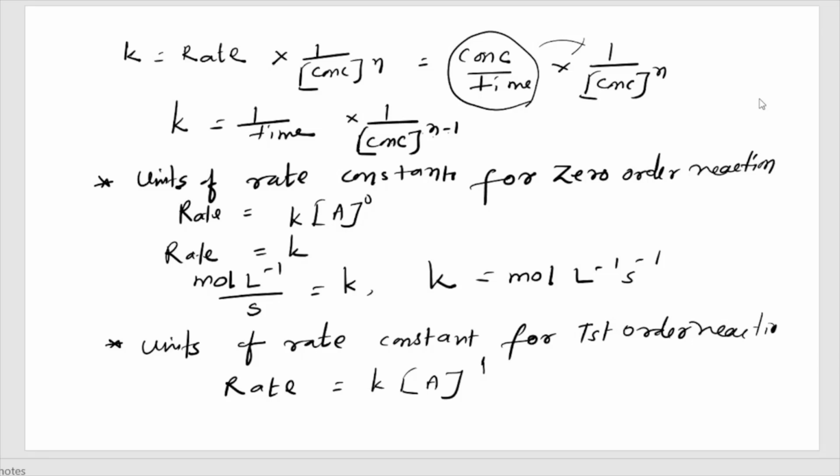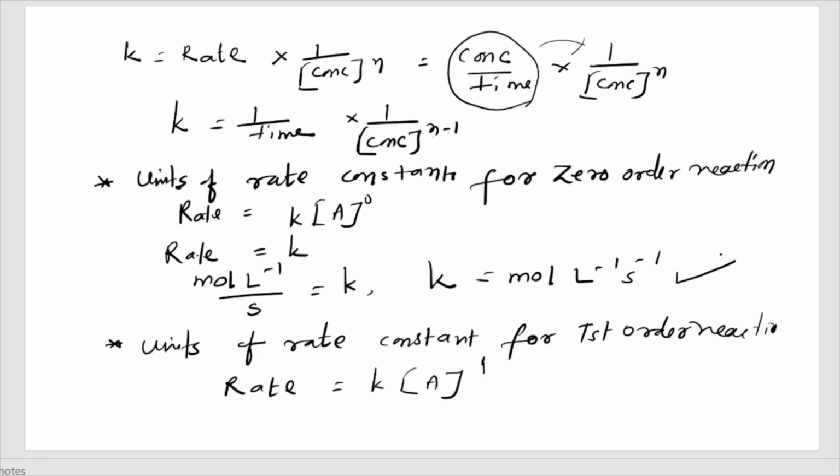According to mathematics, anything to the power 0 is 1, so rate equals K. You put the rate value, that is moles per liter per second. So K equals simply mol L^-1 s^-1, moles per liter divided by second. So this is the zero order.